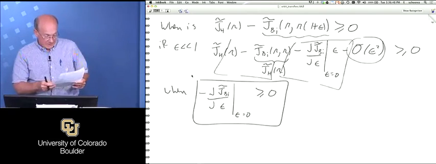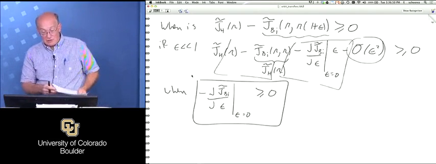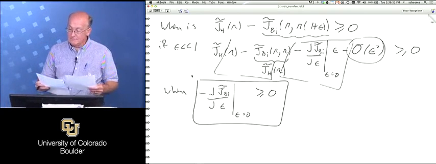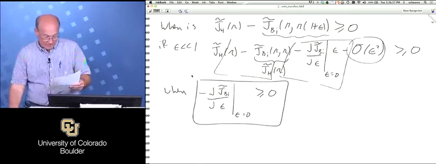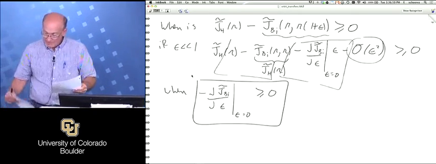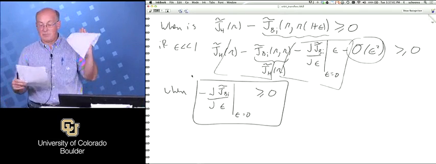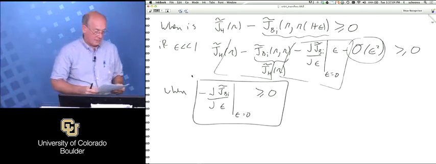Okay. So this is something that you could actually check. And here I actually do check it. Got like a page and a half of algebra, which I'll spare you.